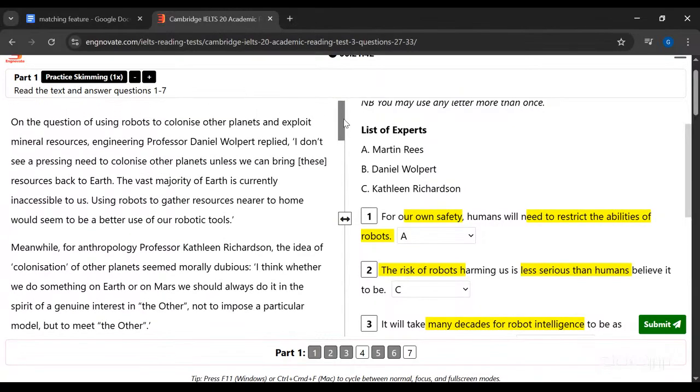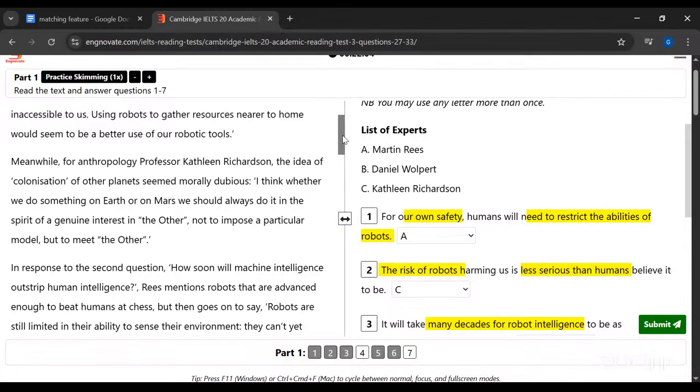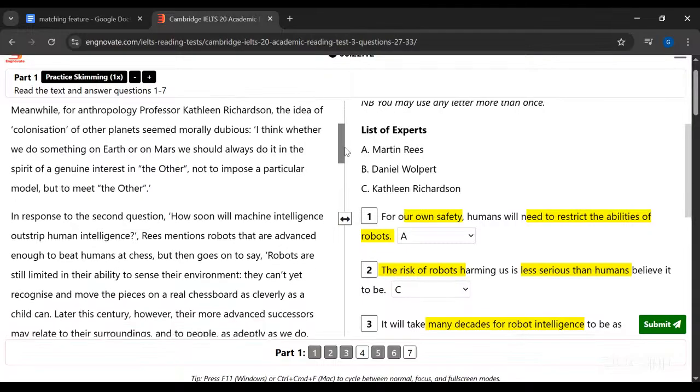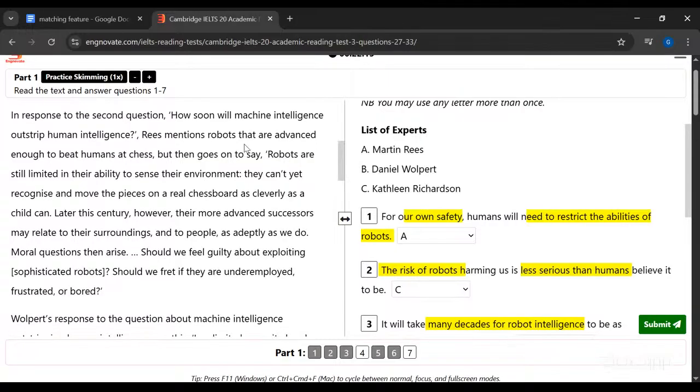The abilities of robots. Can you show the statement number 6?